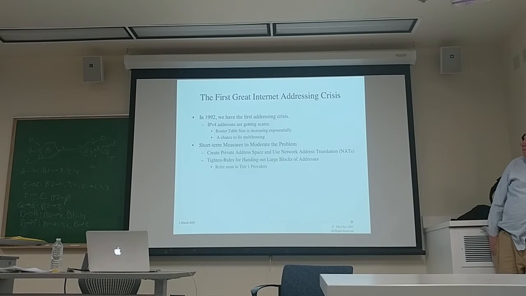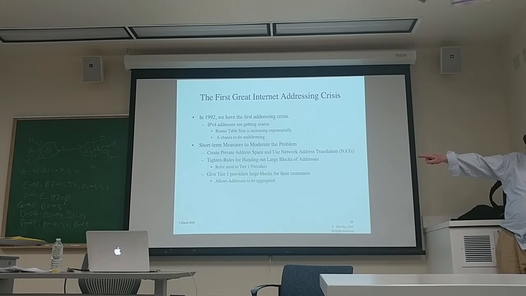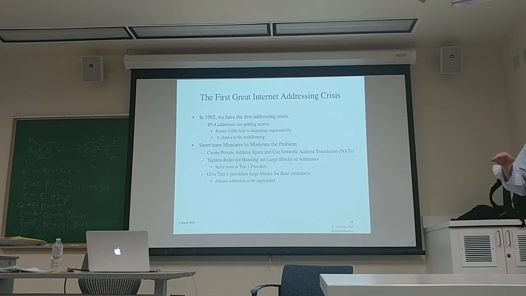Basically, they said they would give tier 1 providers huge blocks of addresses, and when you came and asked IANA for a block of addresses, they'd say, go see your tier 1 provider. Now, this has the effect of making the addresses provider dependent. Before this, IP addresses were not really addresses. They weren't location dependent.